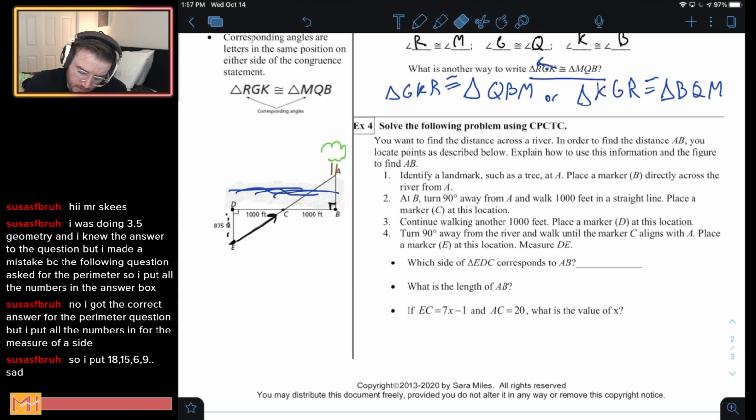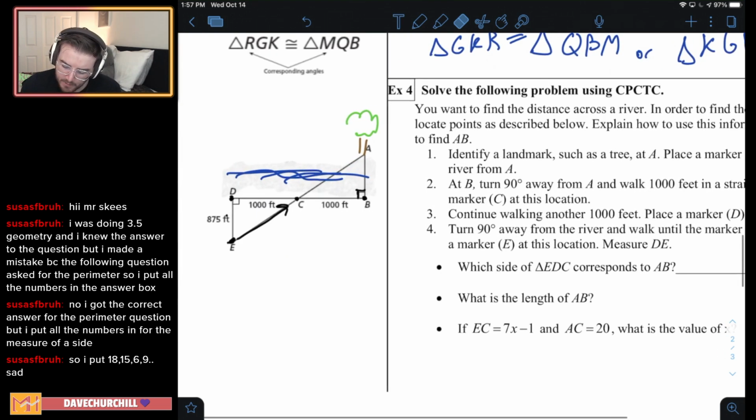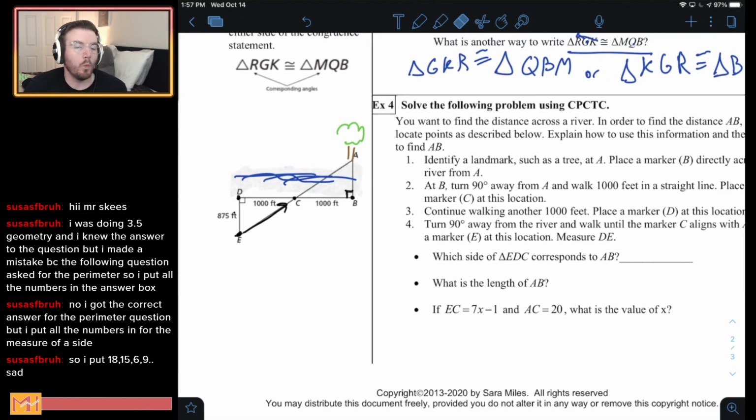Measure DE. Well, the drawing has revealed the length of DE for you. It's 875. So what are we doing here? What's the point of this? We're creating congruent triangles. These two triangles are the same. This is 1,000, this is 1,000.